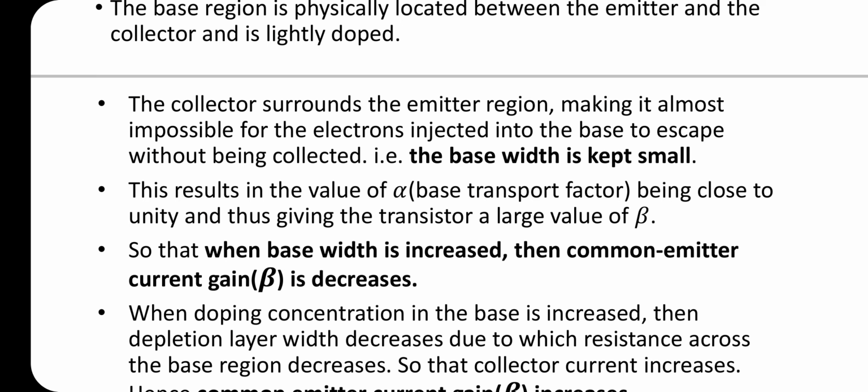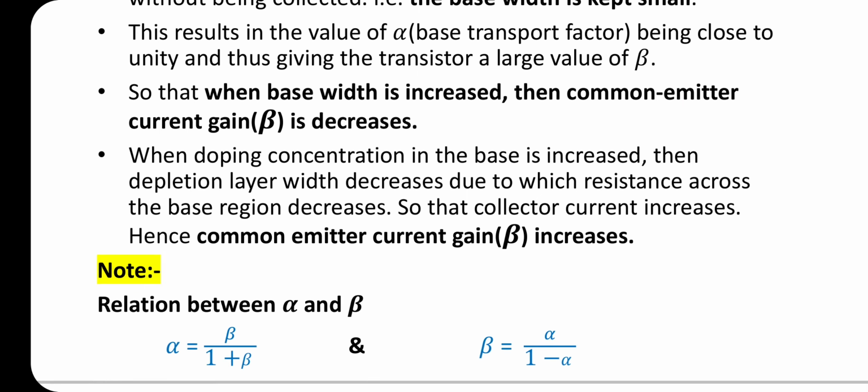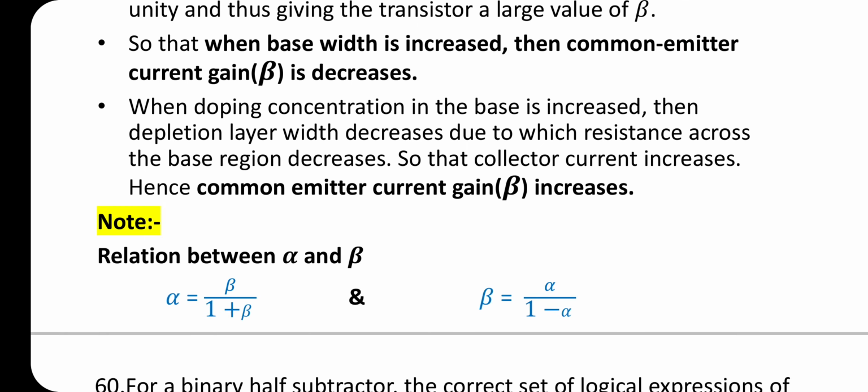The collector surrounds the emitter region, making it almost impossible for the electrons injected into the base to escape without being collected, that is base width is kept small. This results in the value of alpha, base transport factor, being close to unity and thus giving the transistor a large value of beta. So when base width is increased, the common emitter current gain beta decreases.